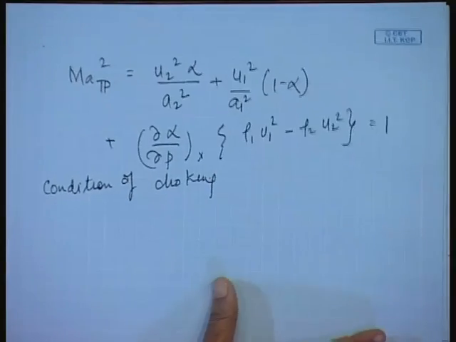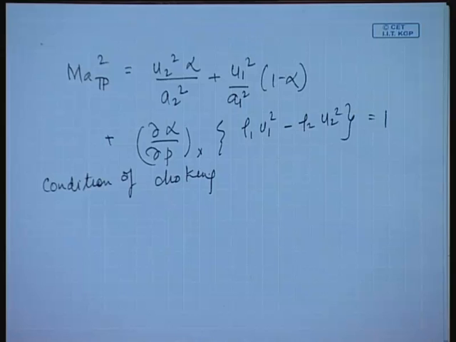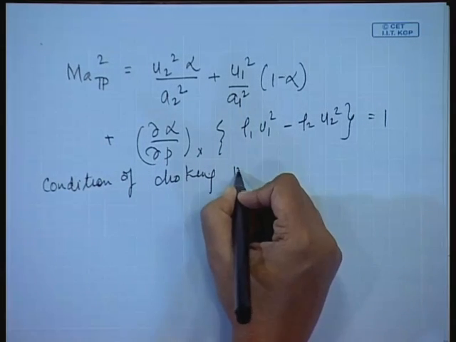But for flashing, x is a function both of enthalpy as well as pressure. Therefore, the equation I have derived is applicable to the condition of choking in the absence of flashing.